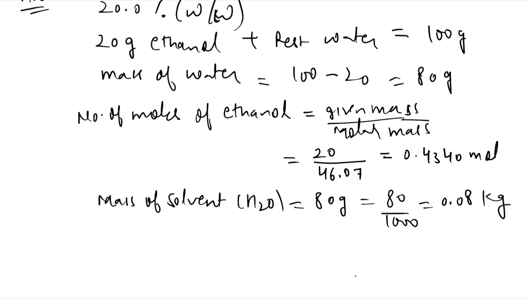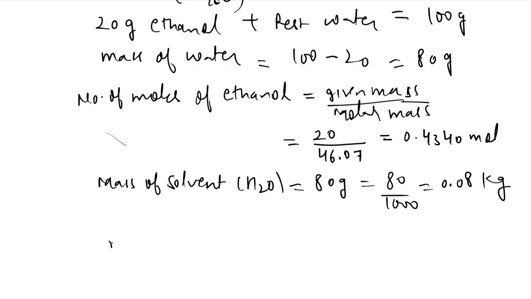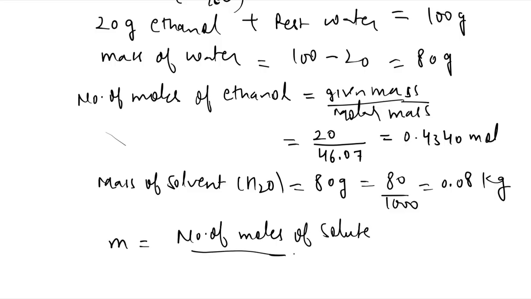The formula for molality is number of moles of solute, in this case ethanol, divided by mass of solvent in kg.